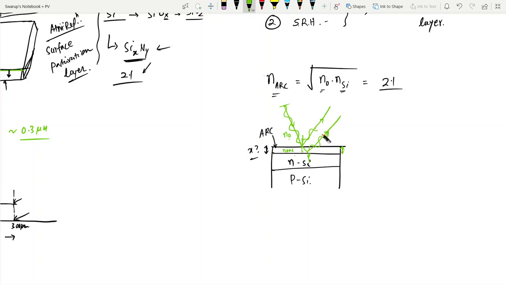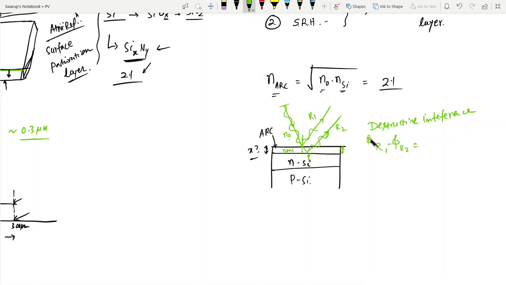These two waves will interfere. Now for a destructive interference, let's say these are R1 and R2. The phase difference between these two, phi R1 minus phi R2, how much should it be?